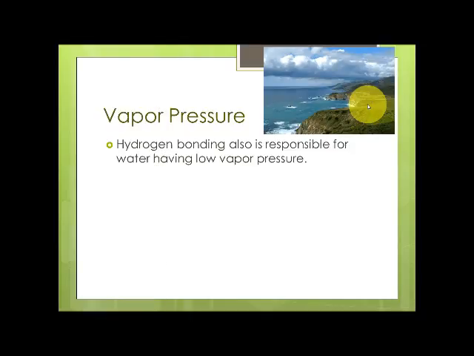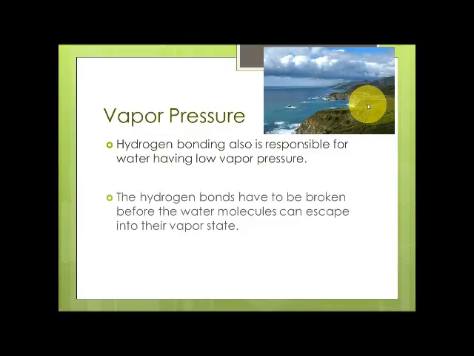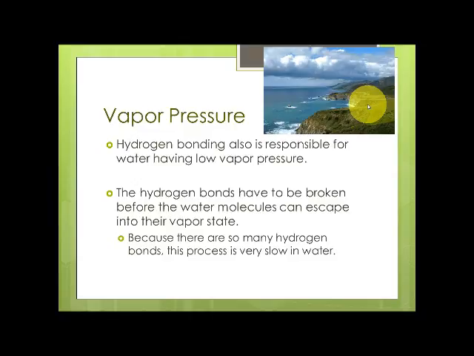So another thing that hydrogen bonding makes special for water is having a low vapor pressure. Remember, to have vapor pressure, we have molecules that used to be liquid and bonded together escape into their vapor state, and they have to have a high enough energy to escape into that vapor state.